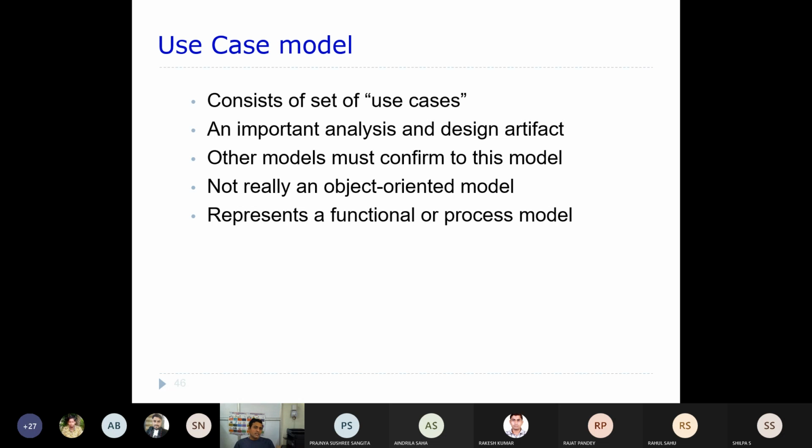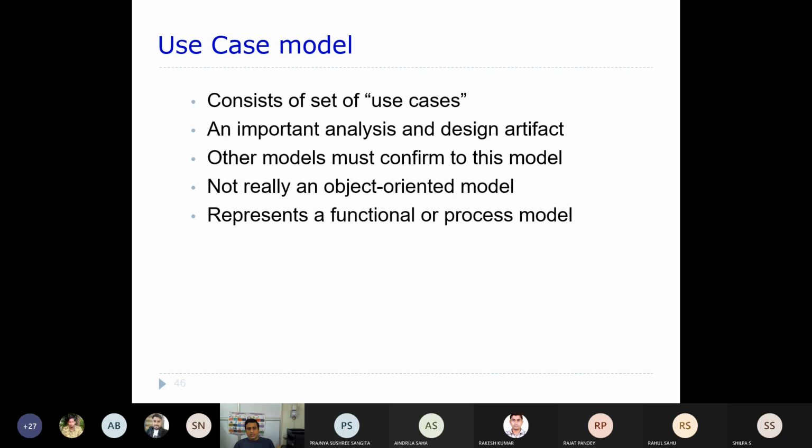Because here we only try to see the different high level functionalities of a system, or in what different ways the user is going to interact with the system. That is what is captured. Here we are not talking about any object oriented things, so it is actually not an object oriented model.